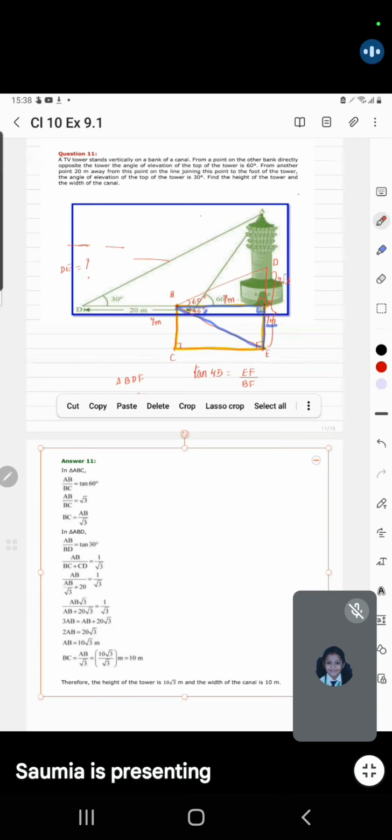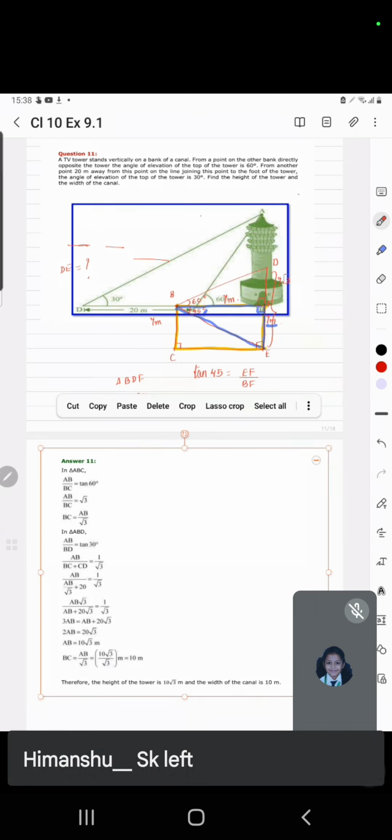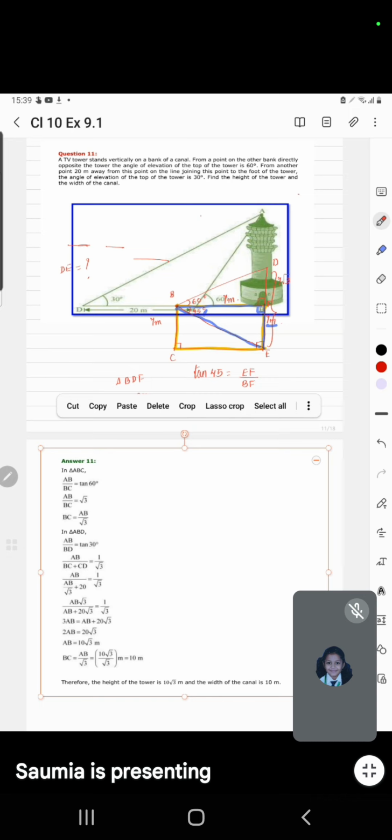Draw the figure. I think this is the last question which we discussed today.